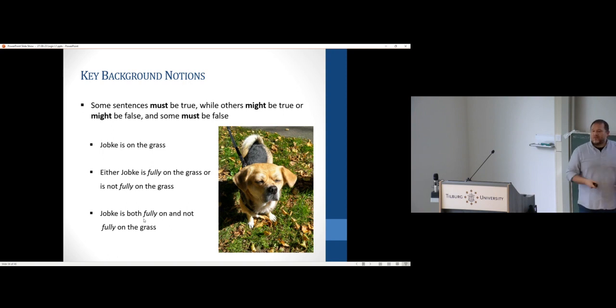And if she's not fully on the grass, either because she's on the path, or she's halfway on the path, or she doesn't exist, or any one of a billion other things, the second one's going to be true. So no matter what happens with the world, it looks like this sentence comes out true. Do we see the intuitive thought there? So it looks like by the structure of this sentence, it must be true. Not just that it is, but that it has to be.